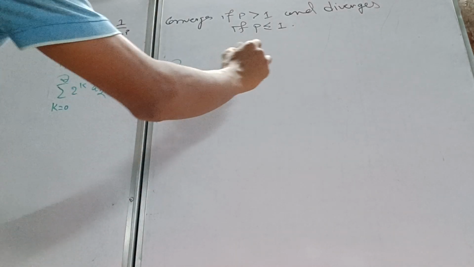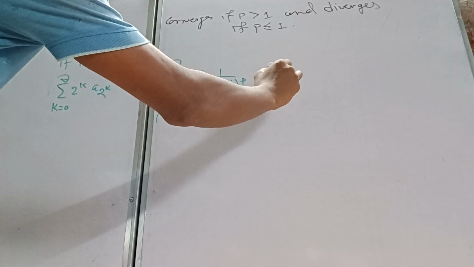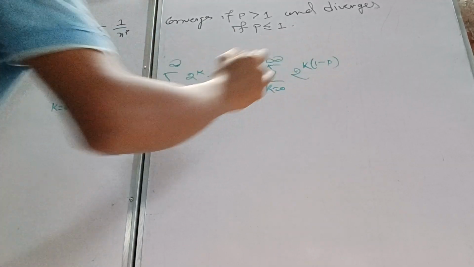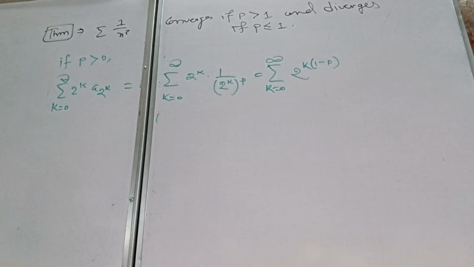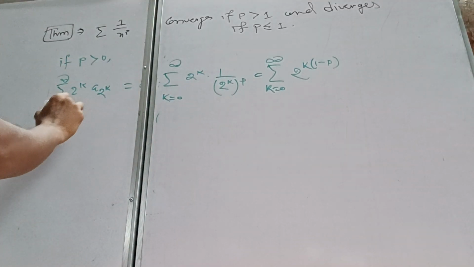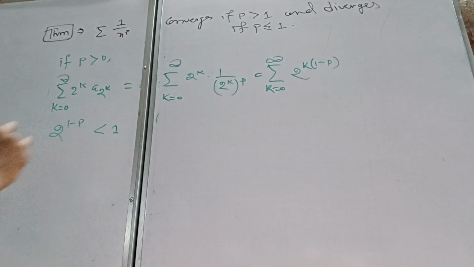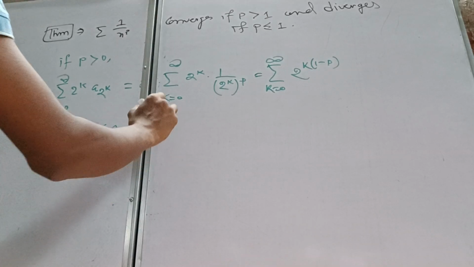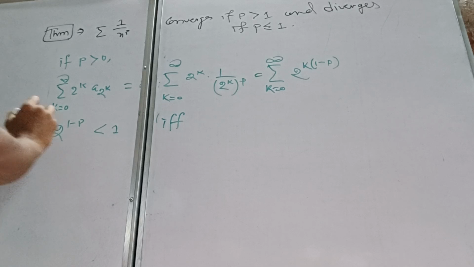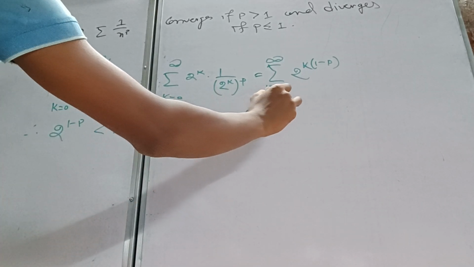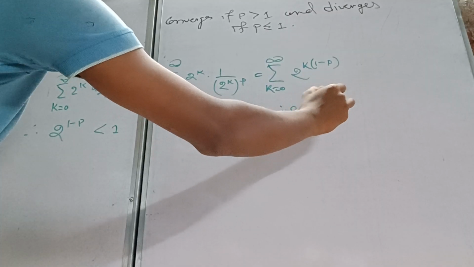Then this is summation 2^{k(1-p)}. Then here 2^{1-p} must be less than 1, if and only if 1 minus p is less than 0, that is 1 is less than p.